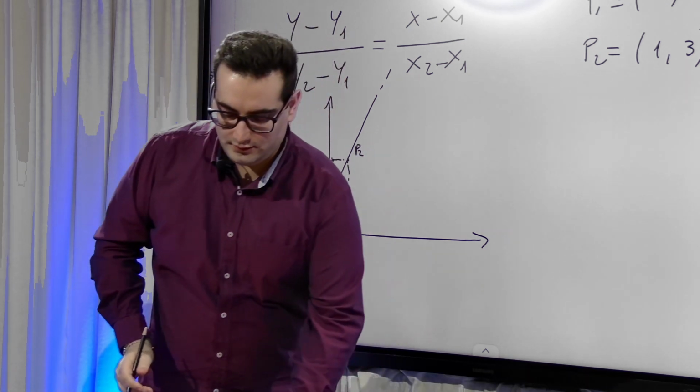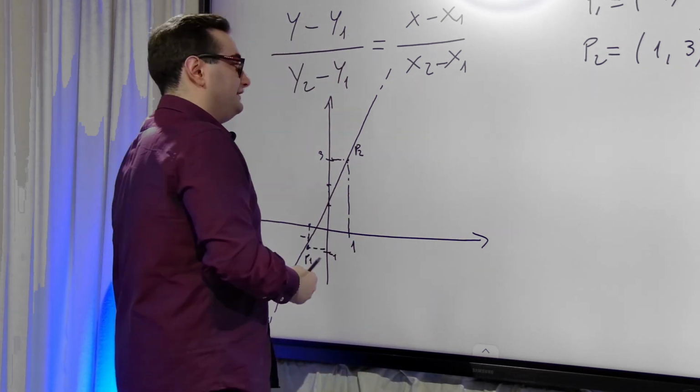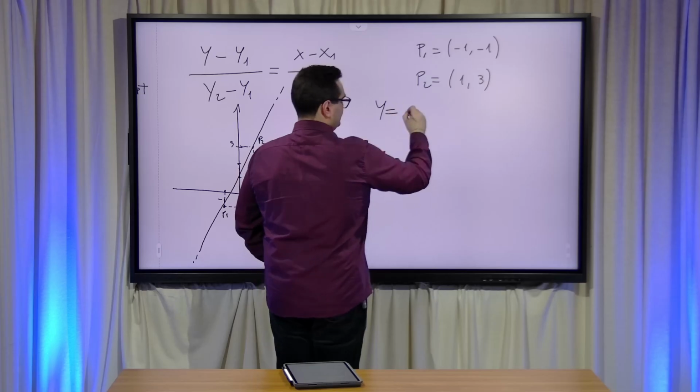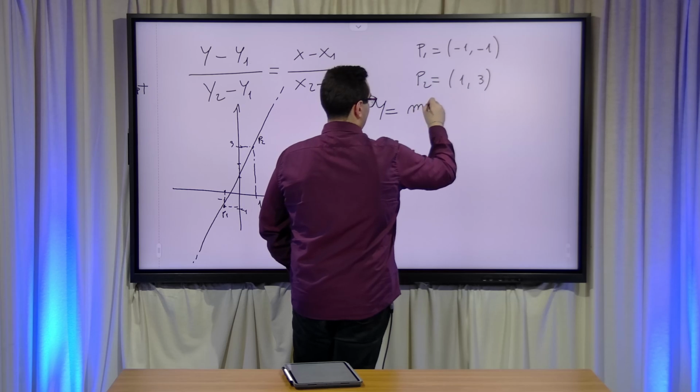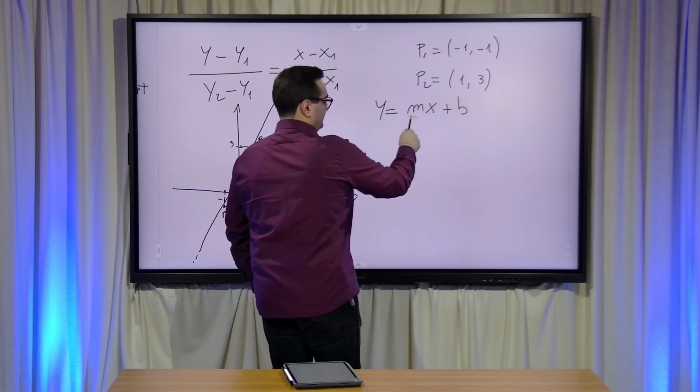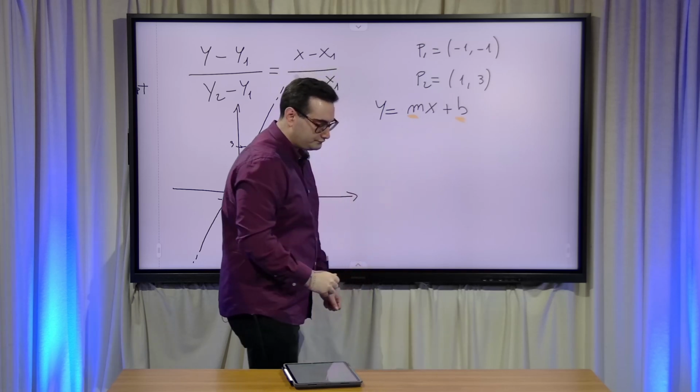Okay, I want to find the equation of this line in this way: y is equal to mx plus b. So I have to find m and b.